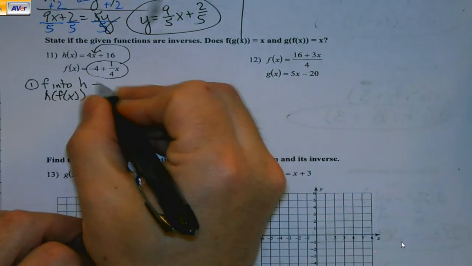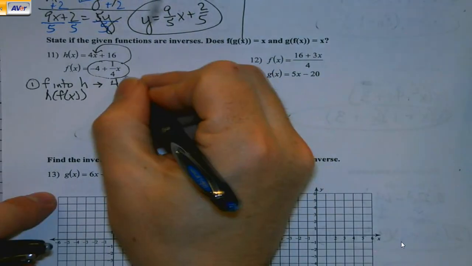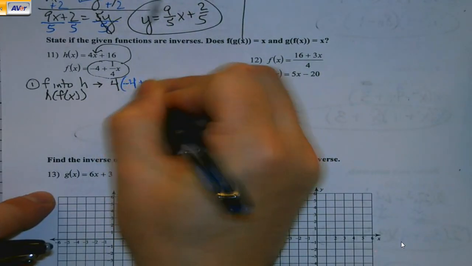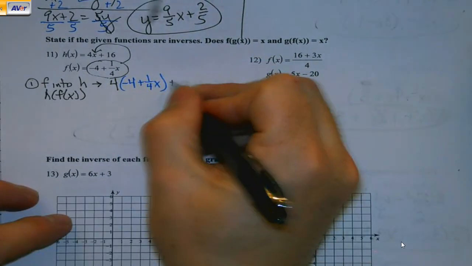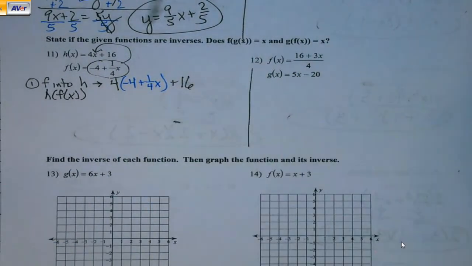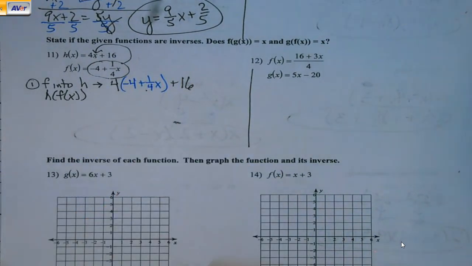So here's what that looks like. So 4, when I get to x, I replace that. Okay, so all I did was x went out, this stuff went in, and now I'm going to simplify it.